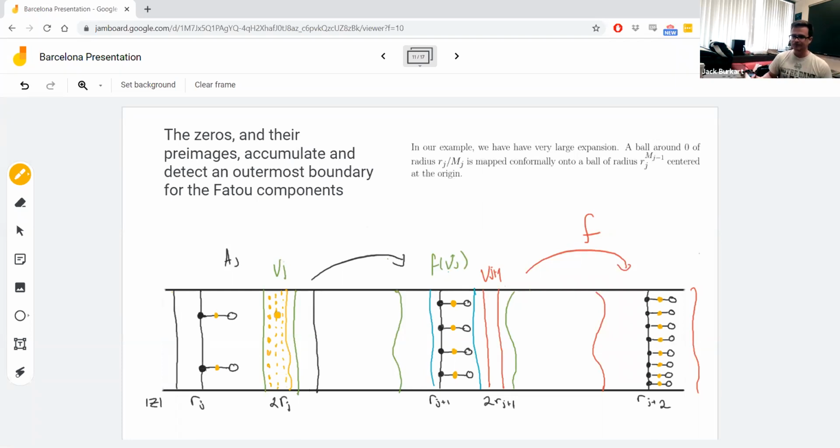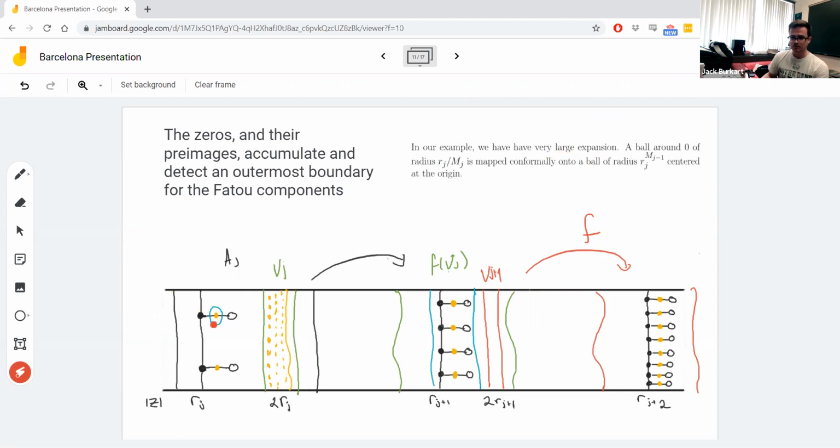Now we can actually say a little bit more. In our situation, if we look at a small neighborhood of a 0 inside of Aj, we actually have very large expansion. This is a calculation you can do because our interpolation procedure is explicit.